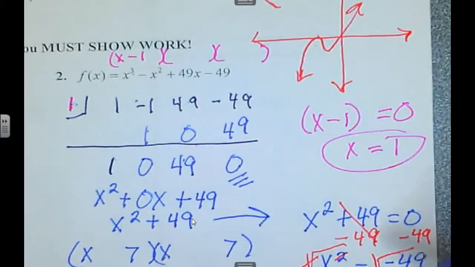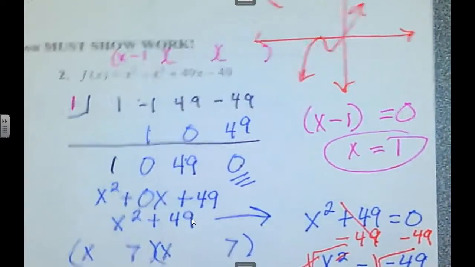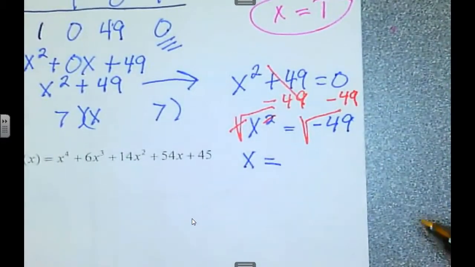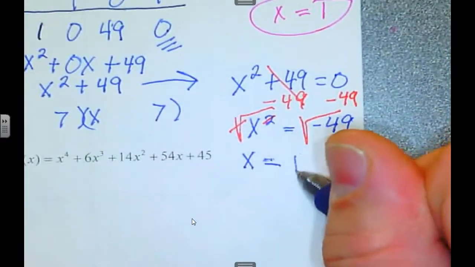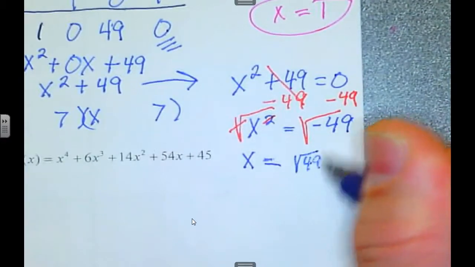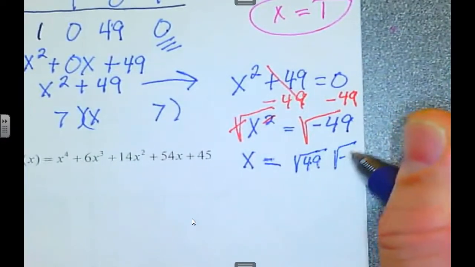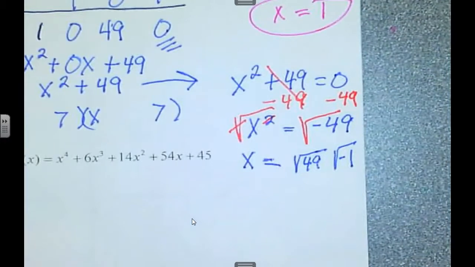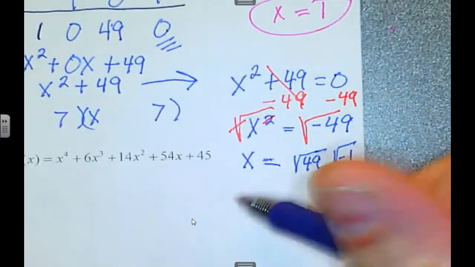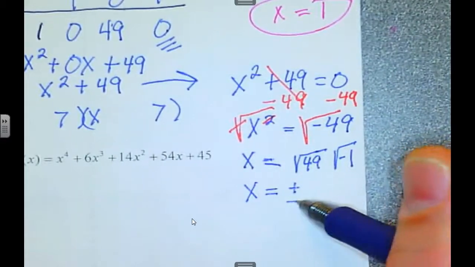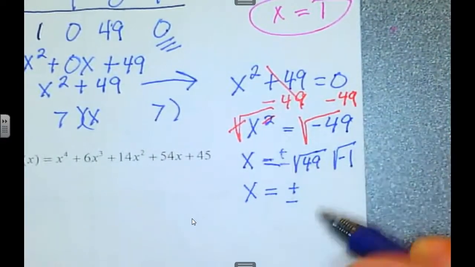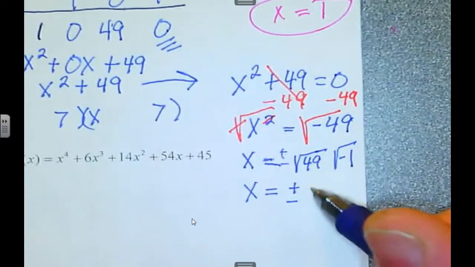This is where the i comes in, right? So I have x equals the square root of 49 times the square root of negative 1. So x equals plus or minus 7.